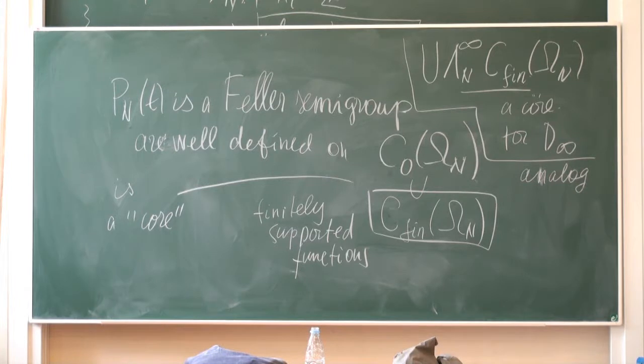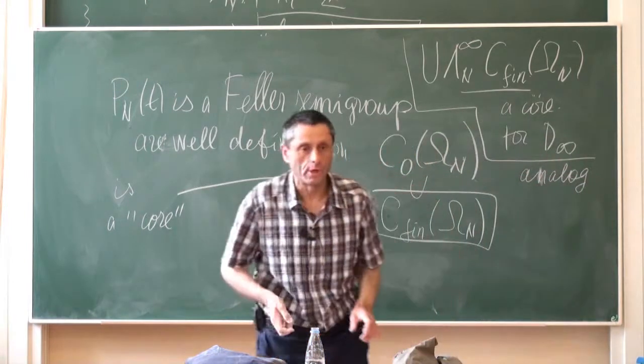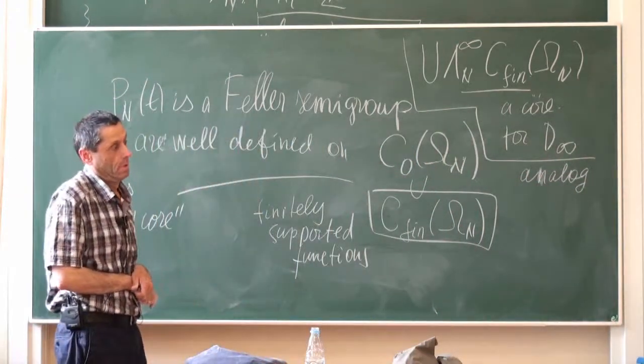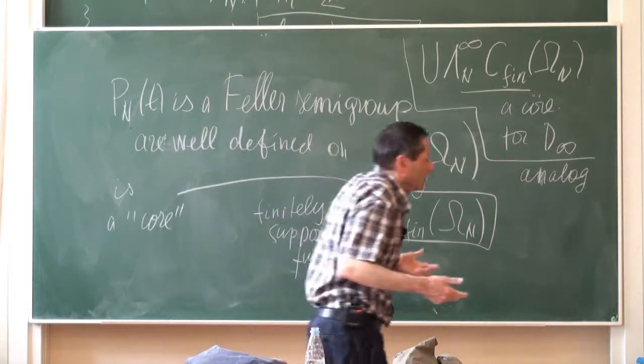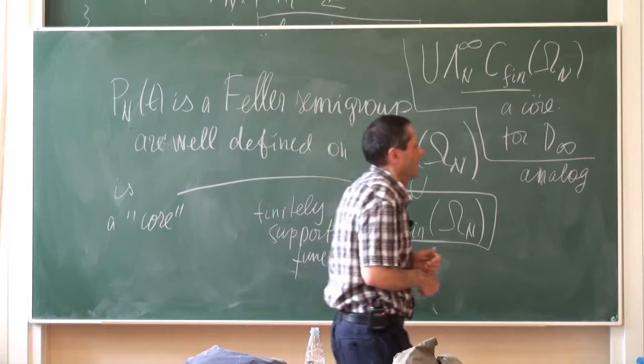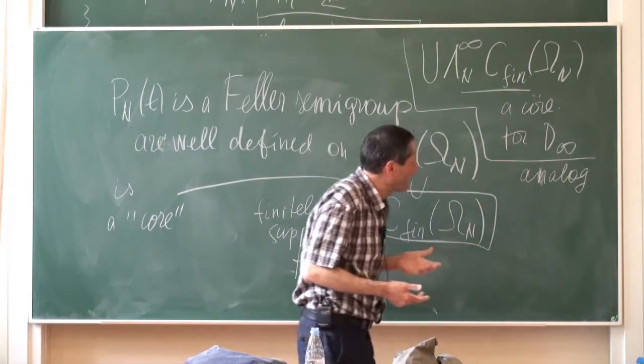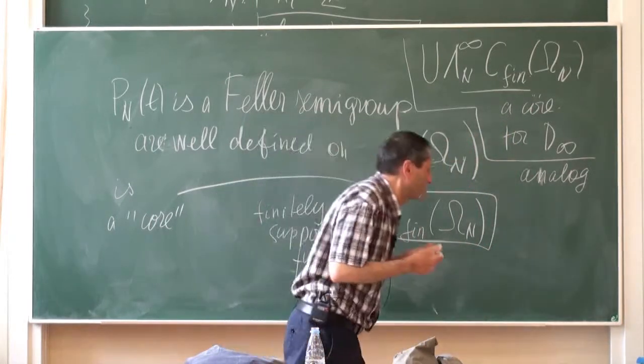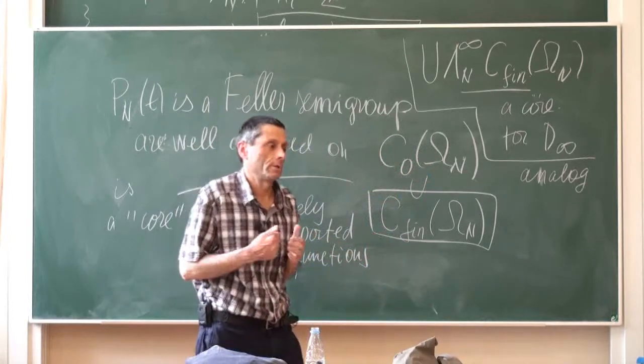This is in contrast with the situation which arises in the case of a Dyson model. Because as far as I know, in all papers, the authors did not manage to write down precisely the generator.